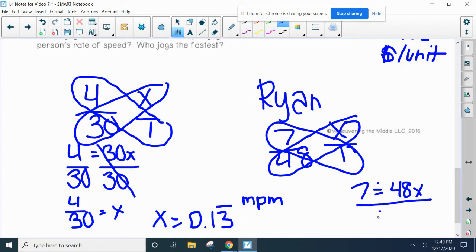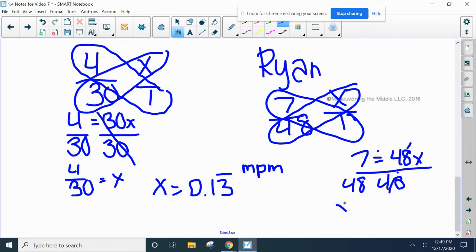We're going to divide both sides by 48. x is going to be equal to 7 over 48. And when we divide that out, x is going to be equal to 0.146.